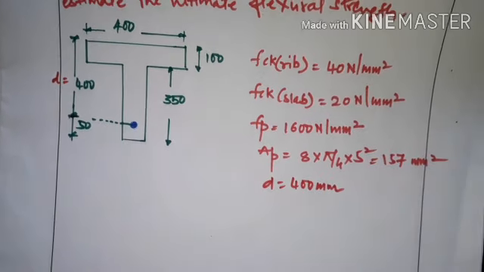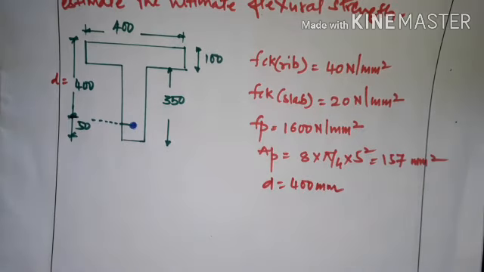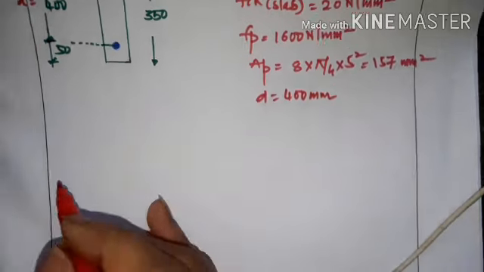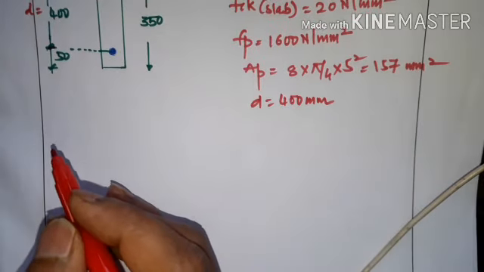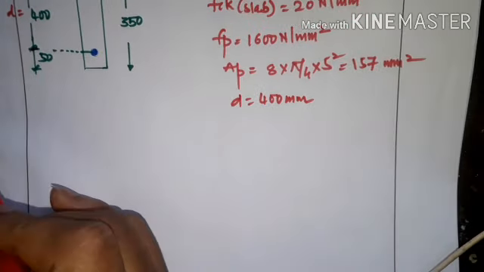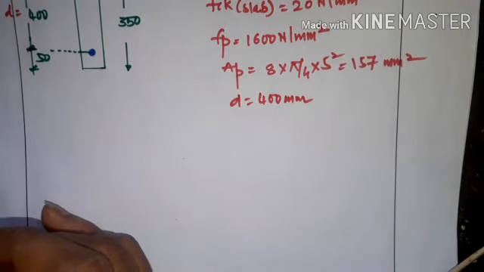So we'll start with the solution now. Because it's a T section, you have to check whether the neutral axis is lying within the flange or outside the flange.